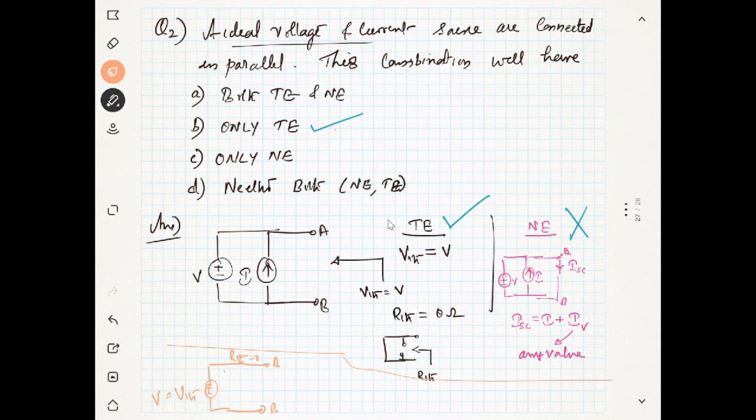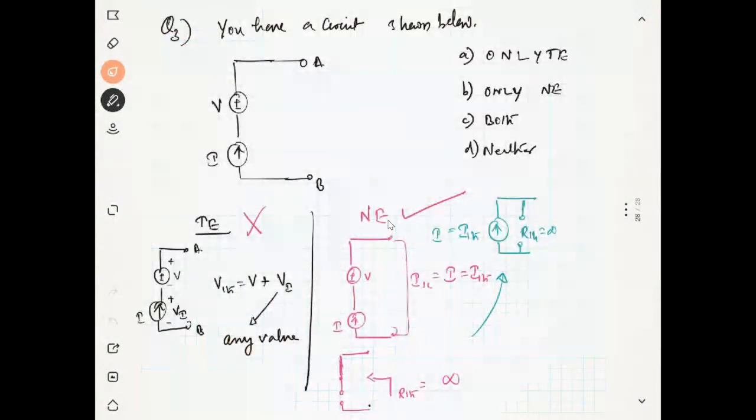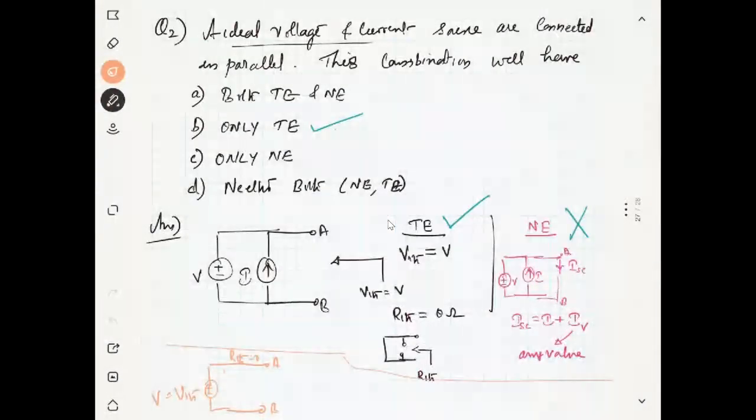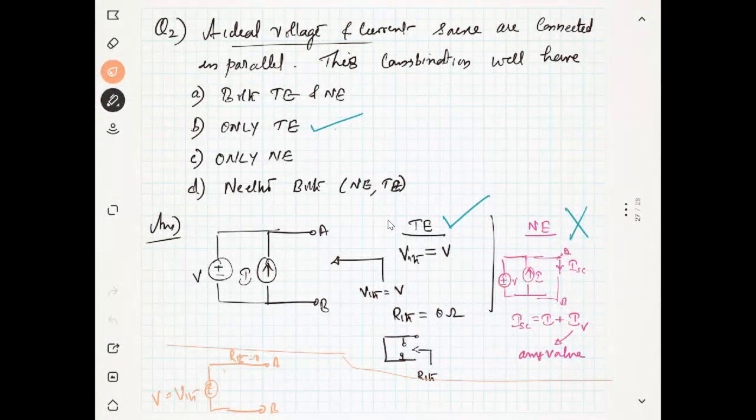There is an important observation from the previous problem and this problem. In the previous problem, this is an ideal voltage source. An ideal voltage source has only Thevenin's equivalent, and no Norton equivalent. It is not possible to convert it into a current source. An ideal voltage source cannot be converted into an equivalent current source.